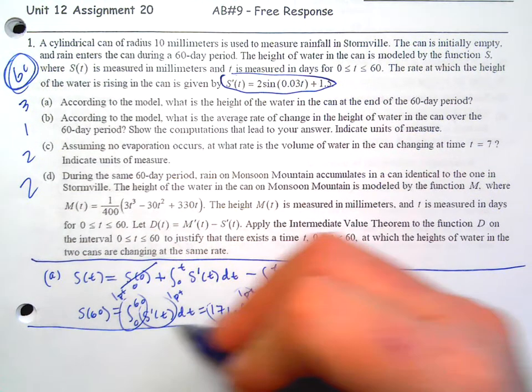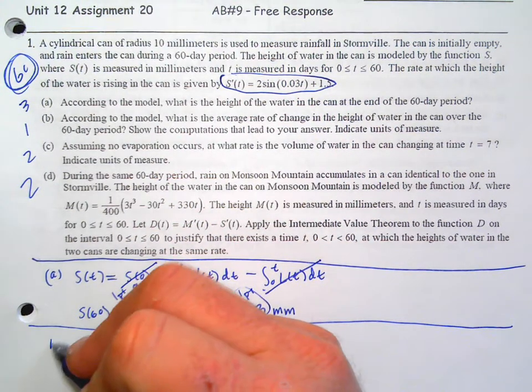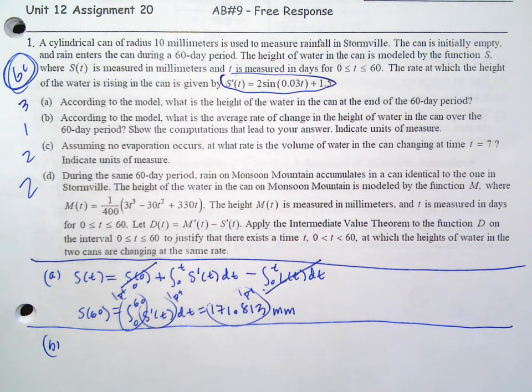So that wasn't too bad. Part B says, according to the model, what is the average rate of change in the height of the water in the can over the 60-day period? Show the computation that leads to your answer. So S is measured in millimeters. S is the height of the water.